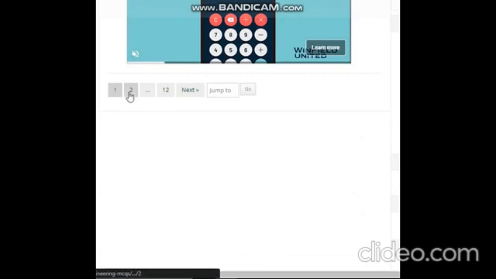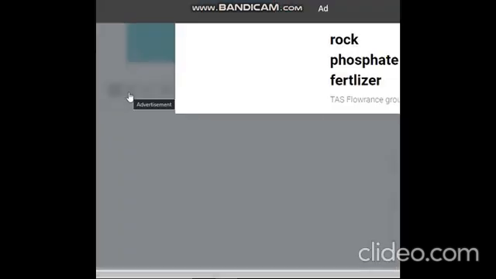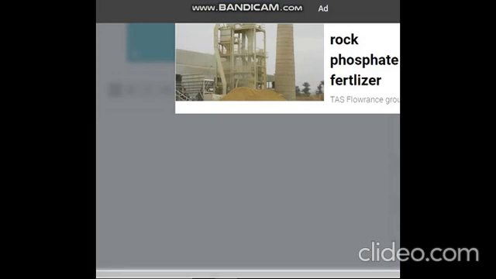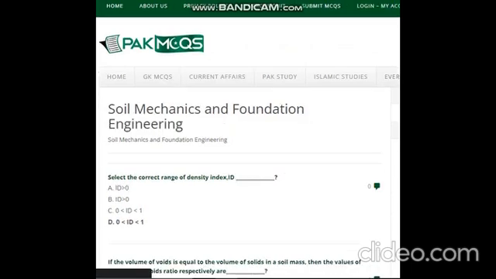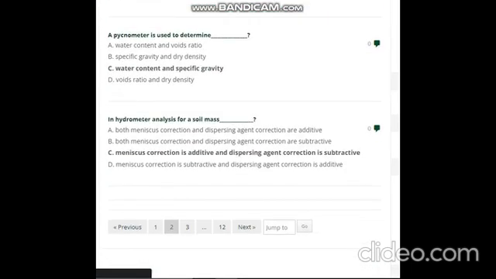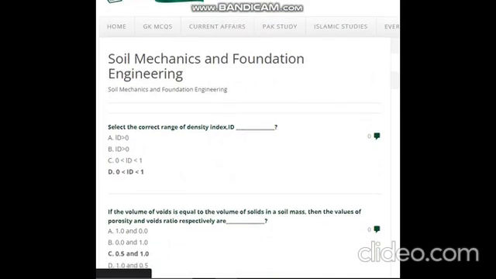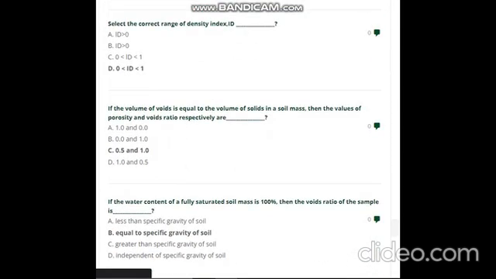The second page of the soil mechanics and foundation. First question.